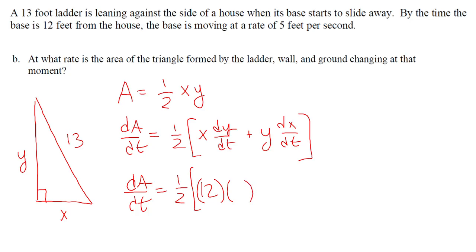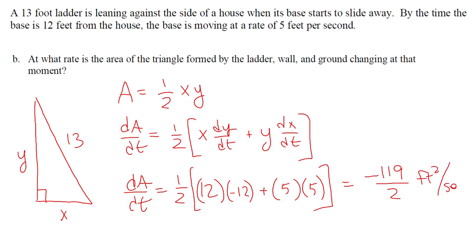Our dy/dt that we just found was negative 12. Our y value was 5, and our dx/dt was also 5. And so what we end up with here is negative 144 plus 25, which is negative 119, and then times 1/2. And since this is area, it's feet squared per second.